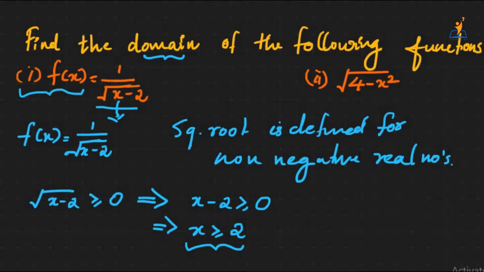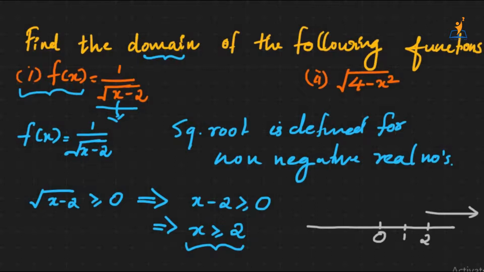Now, if we plot the number line like this, and mark the points 0, 1 and 2, we can see that x greater than or equal to 2 means all real numbers to the right of 2. That is, all real numbers which start from 2 and go up to infinity.